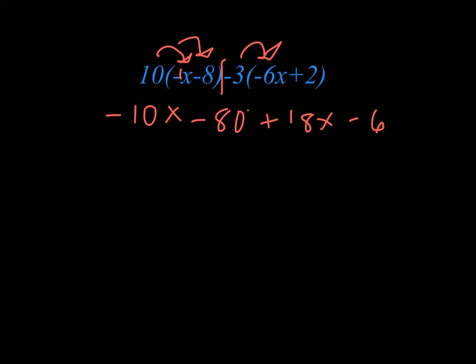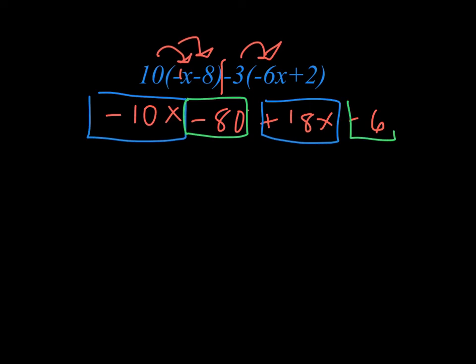Now I'm going to combine like terms. So let's go ahead and box in our like terms. All right, so I have negative 10x and positive 18x. My signs are different, so I'm going to take the sign of the bigger number and subtract.